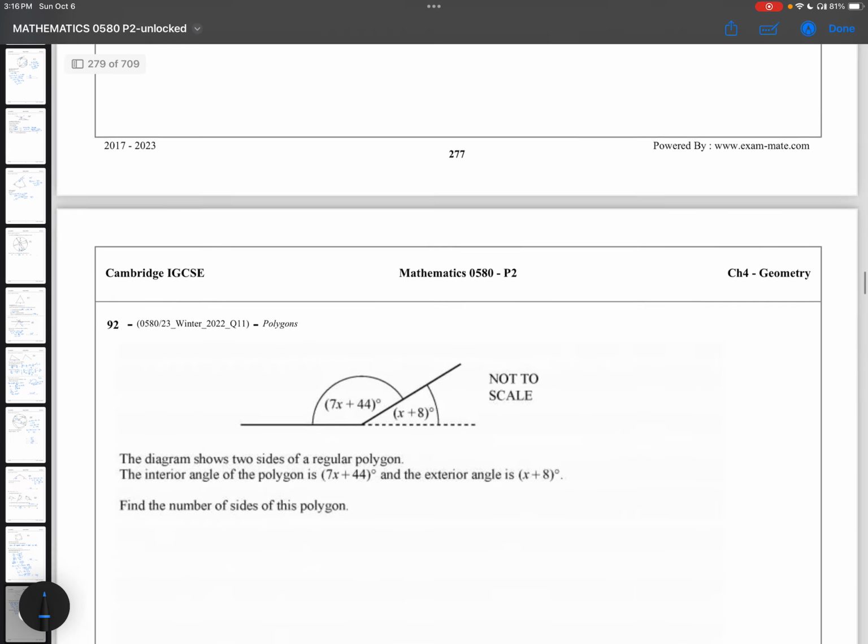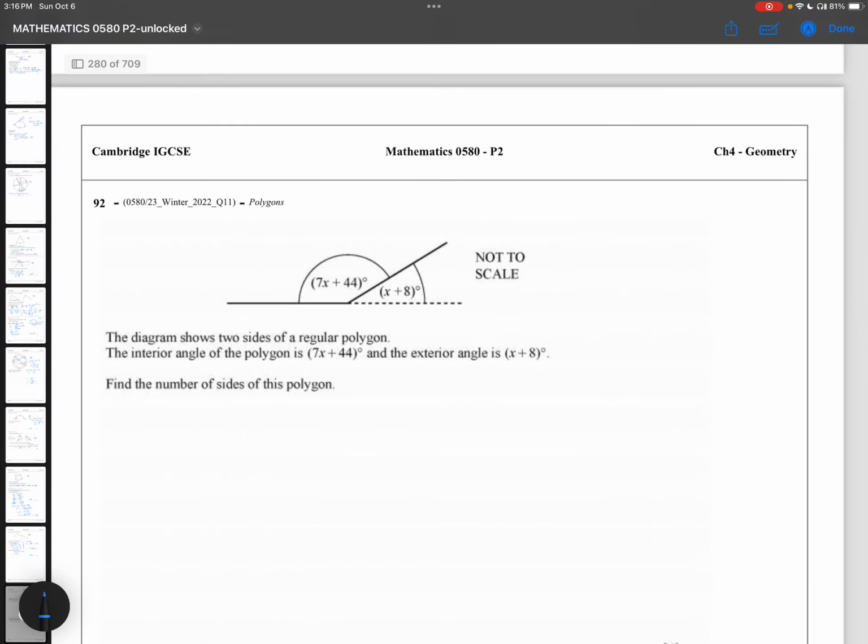Now let's move to question number 92. This diagram shows two sides of a regular polygon. The interior angle of the polygon is 7x plus 44 and the exterior angle is x plus 8. We need to find the number of sides of this polygon.